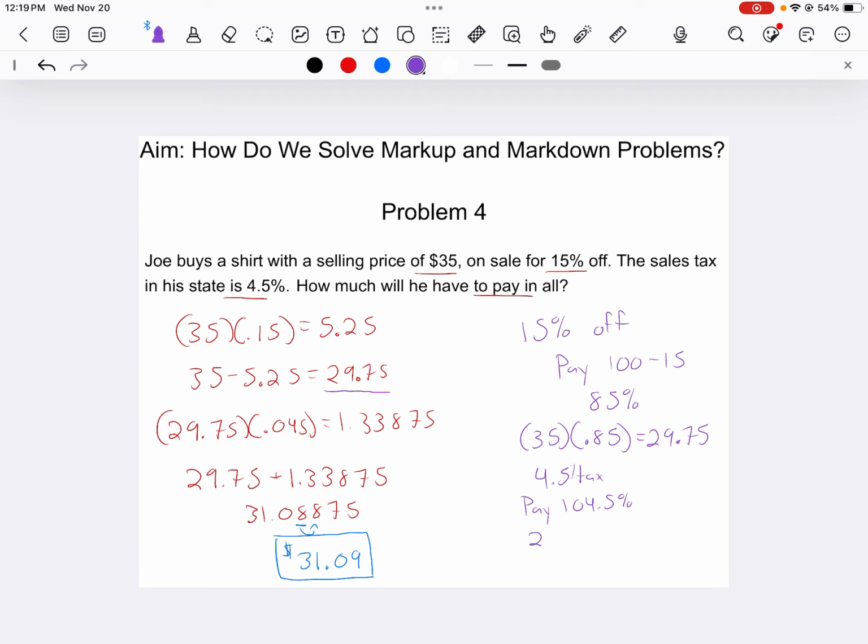So that would be $29.75 times 1.045, and that would give us 31.08875, which was the same answer we had here for our cost. And we would still round that to $31.09.